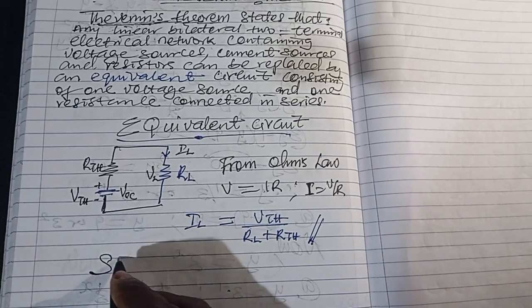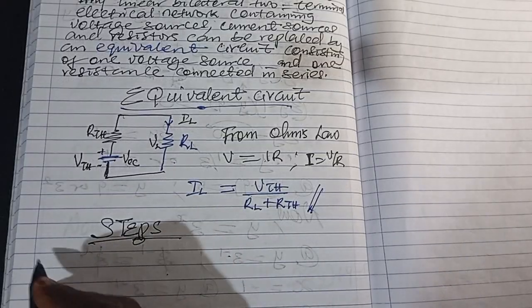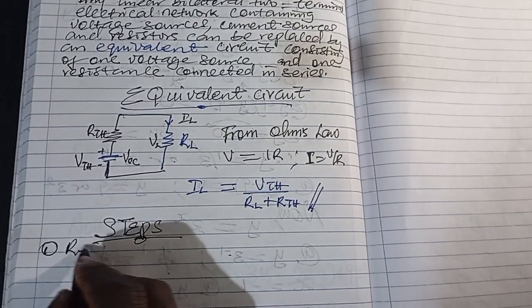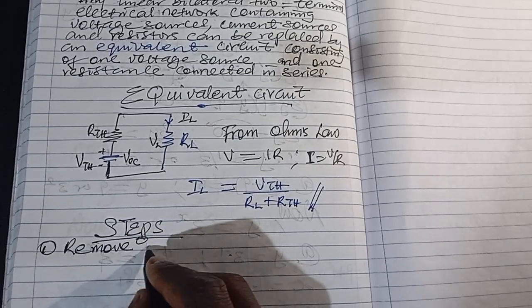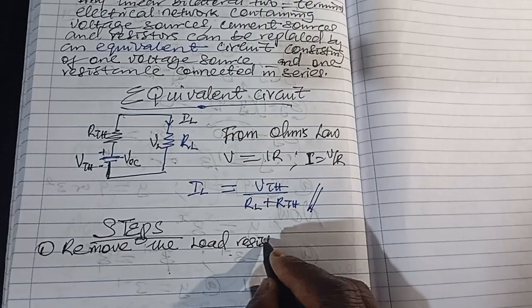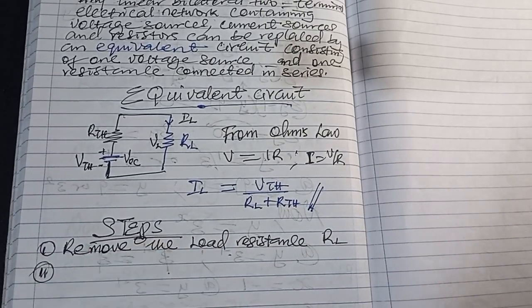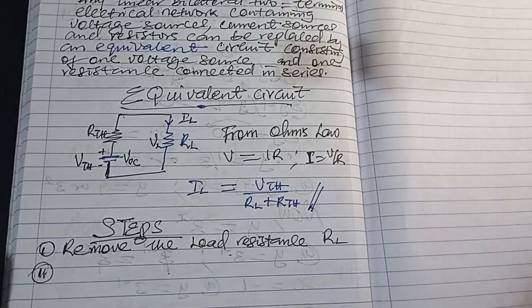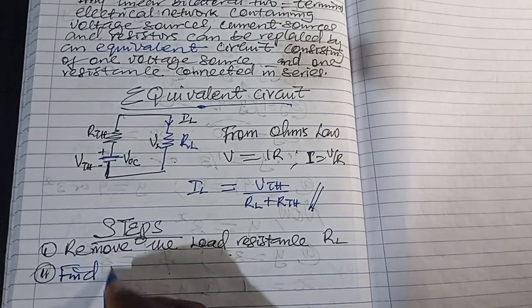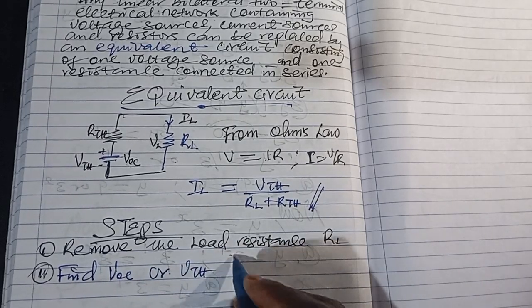Steps for Thevenin's theorem. Number 1, remove the load, RL. Number 2, find your open circuit voltage, VOC or VTH, that is Thevenin's voltage.